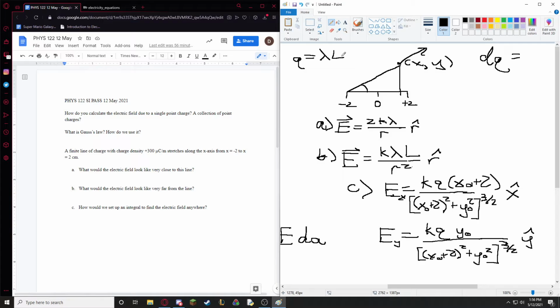If we take the derivative of Q with respect to something we can integrate, what's it going to be?